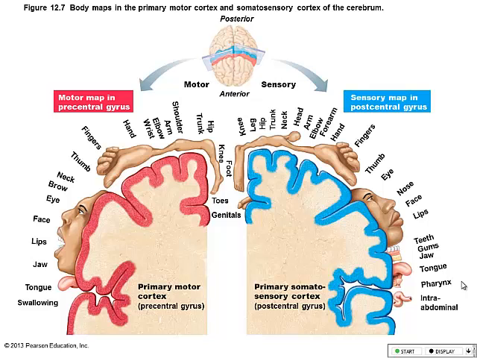You see where we're going? Isn't that a cool diagram? I like it. This is one of the coolest diagrams. It's a good thing we don't look like that, though. But it shows those different regions where the files are kept for those different parts of the body. Same thing here with sensory. So sensory map for those different parts of the body. They look kind of the same, don't they?